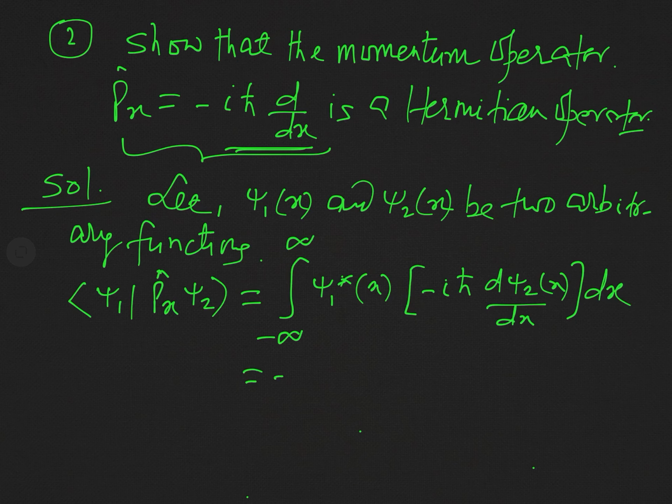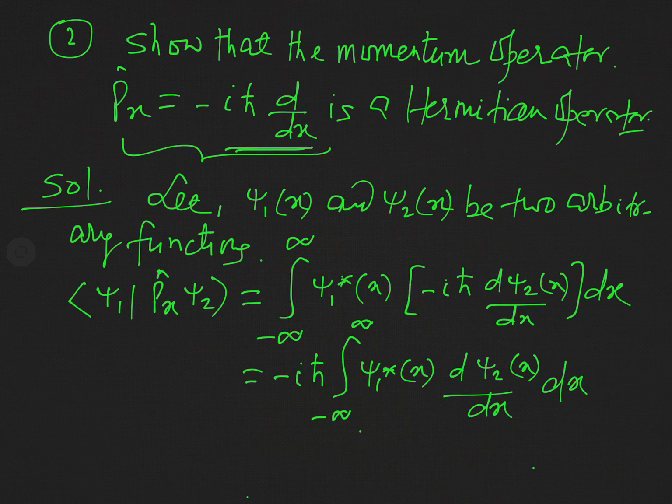And as minus i h cross is a constant factor, we take it out of the integral and our result will be minus i h cross, integral from minus infinity to plus infinity, psi1 star of x d psi2 of x dx.